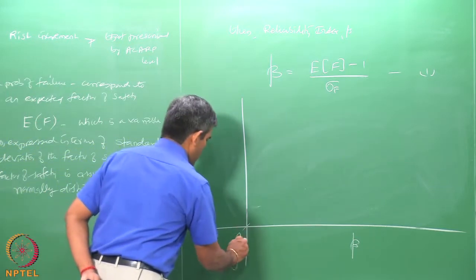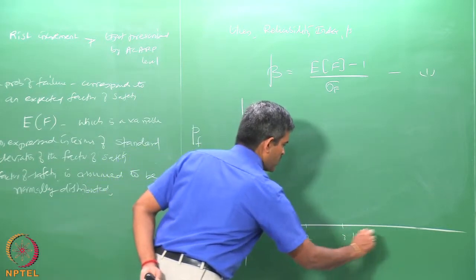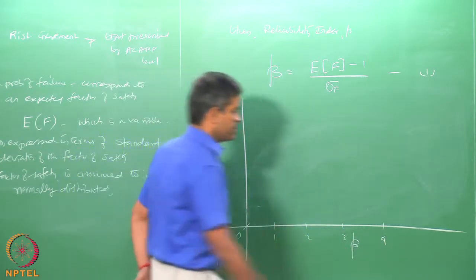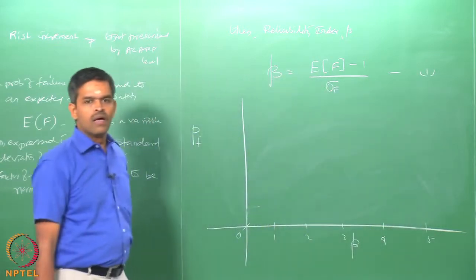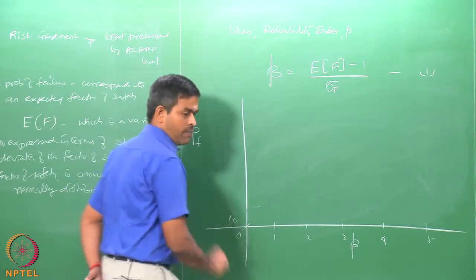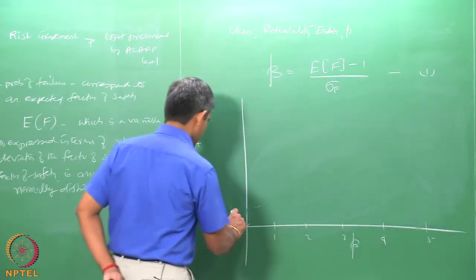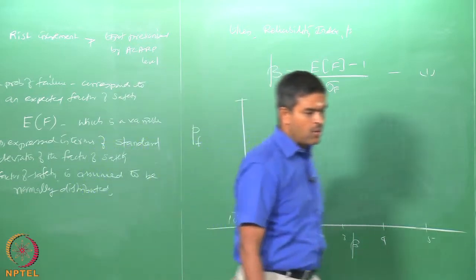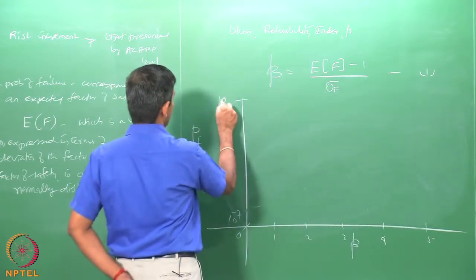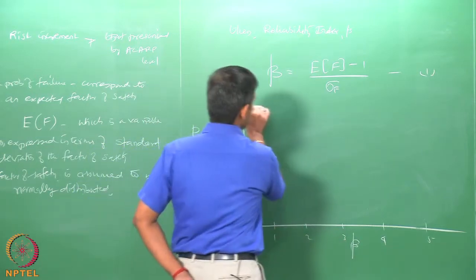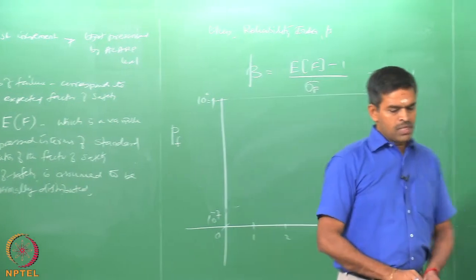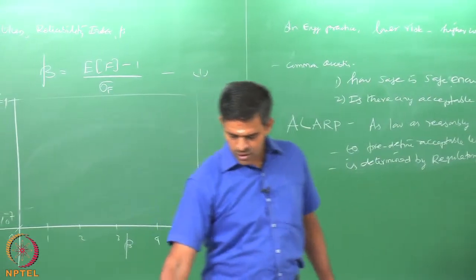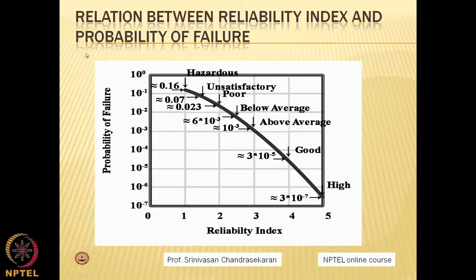Let us say the reliability index varies from 0, 1, 2, 3, 4 and 5, and the probability of failure from about 10 power minus 7 to about 1, that is 10 power 0. Friends, please pay attention to the graph shown on the screen. You can see a typical relationship curve connecting reliability index to the probability of failure.